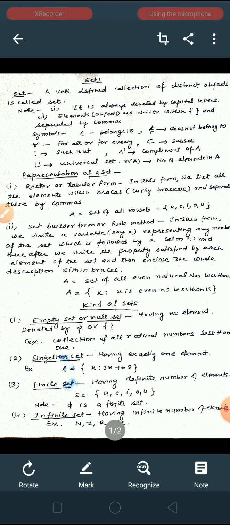Examples are the set of natural numbers. Children, you cannot say what the total number of natural numbers will be, so this is an infinite set. Followed by Z, the set of integers, and real numbers and so on. There are so many infinite sets.